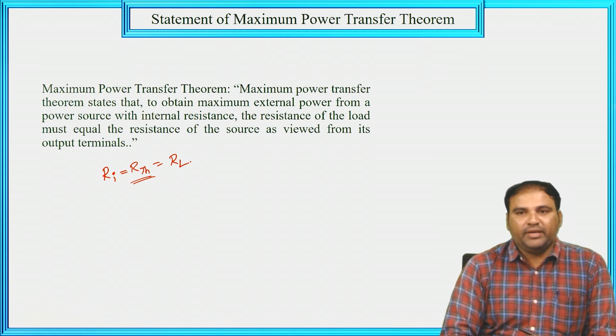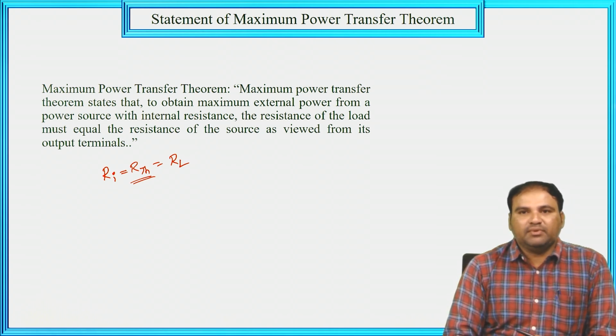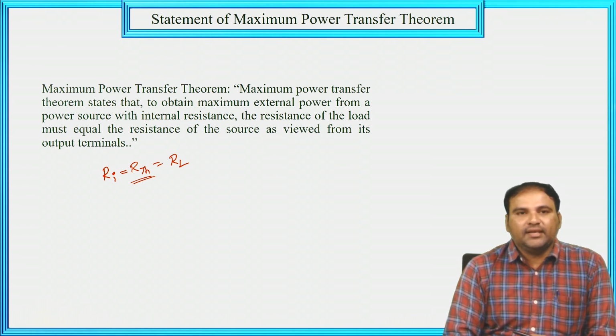These two should be equal in the maximum power transfer theorem. The theorem states that the maximum power is transferred from source to load resistor when the Thevenin's resistance, or the internal resistance, is equal to the load resistor RL.